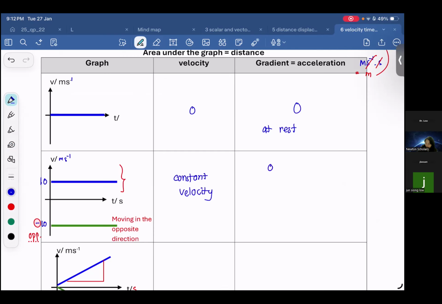Okay. 0 gradient. When 0 gradient, what does it mean? 0 acceleration. Am I right? So your acceleration is 0. So what is the motion for this? Constant velocity. Okay, constant velocity, no acceleration. That's why your A is 0. Okay, Jiashen, is it okay?